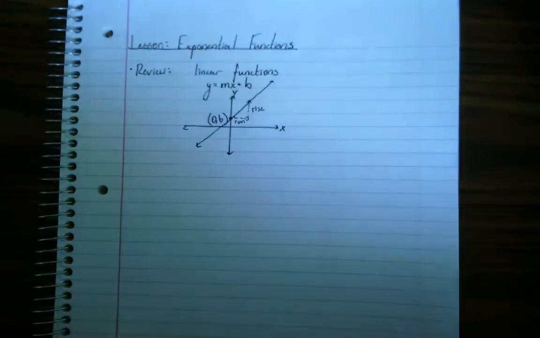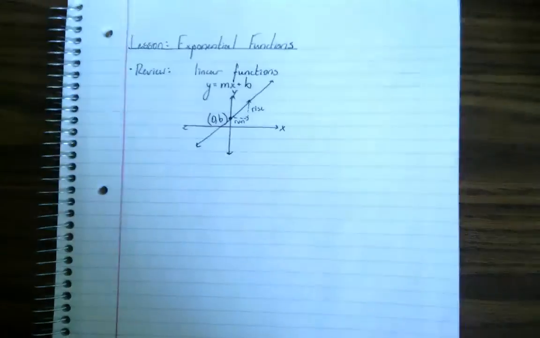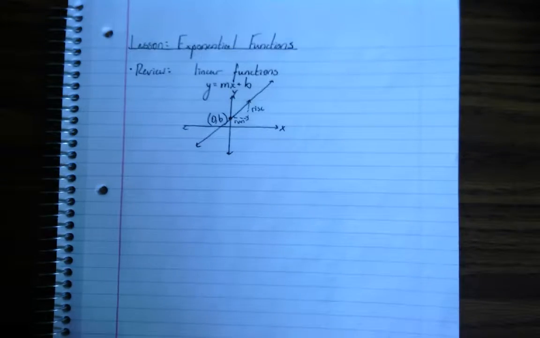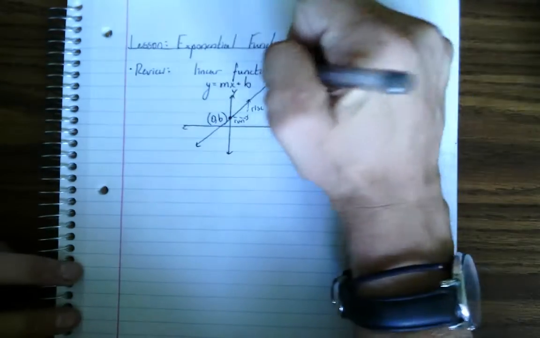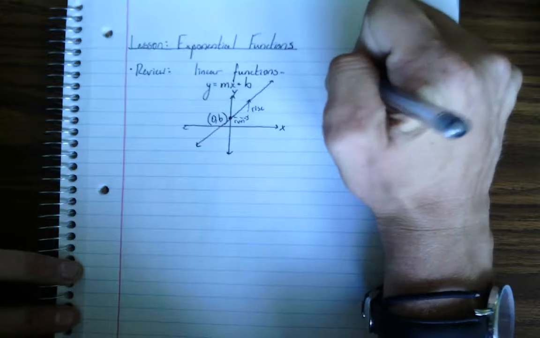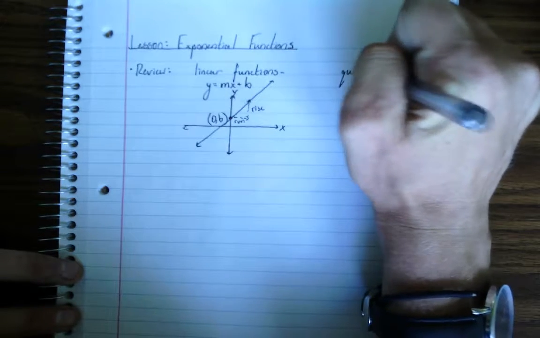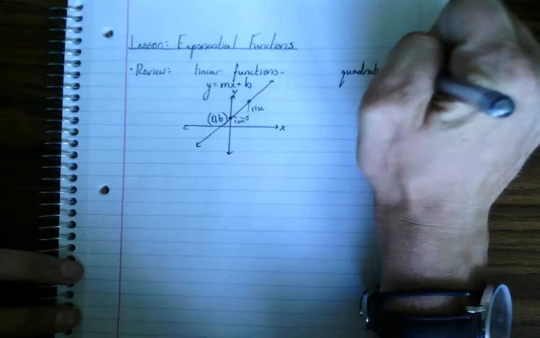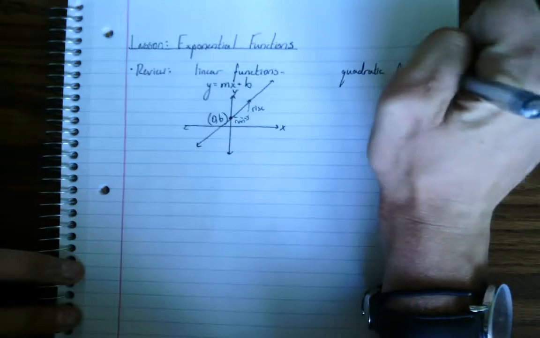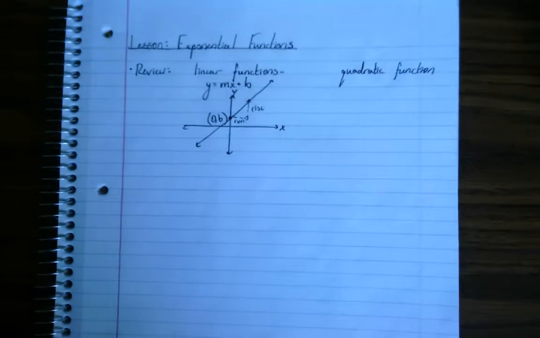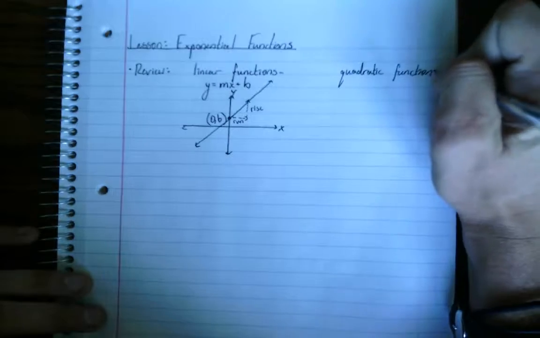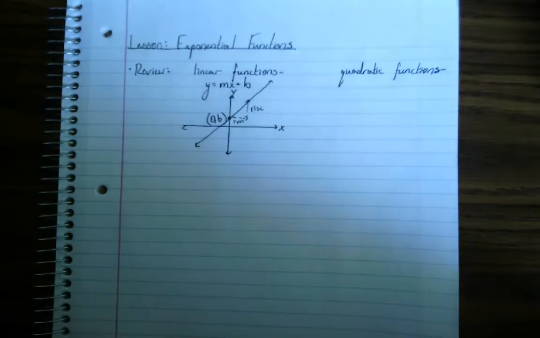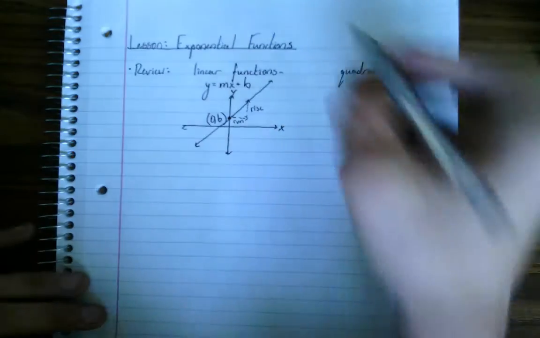Next up, we had our quadratic functions. We talked a little bit about this one last time, and we're actually going to see a lot more of these friends during this next unit.